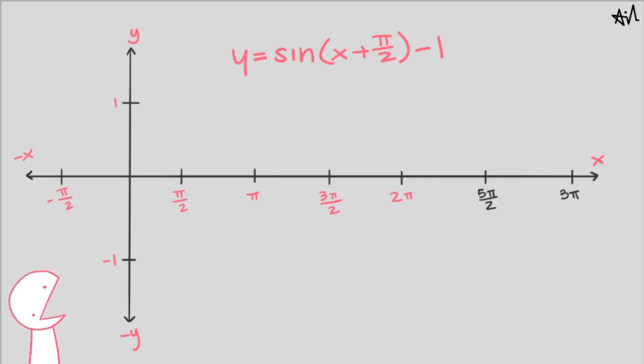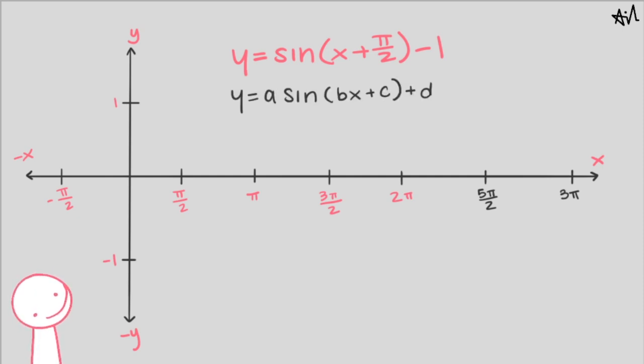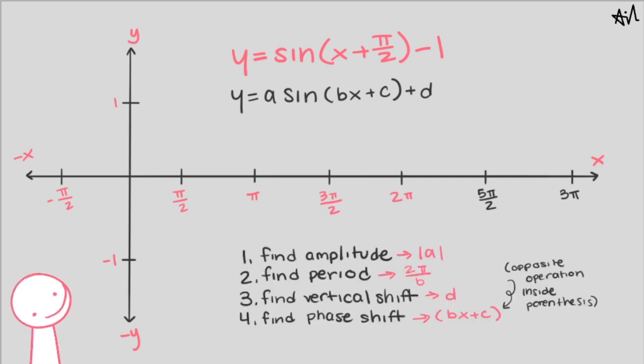Y equals sine of x plus pi over 2 minus 1. Now if we refer back to our transformation formula and our rule of thumb, let's solve for this. So first, amplitude. There's nothing in front of the sine, so amplitude stays 1.